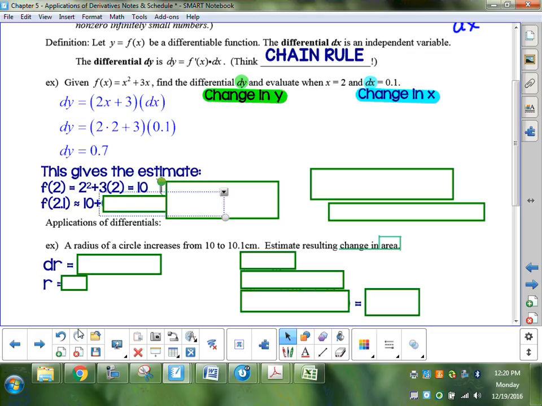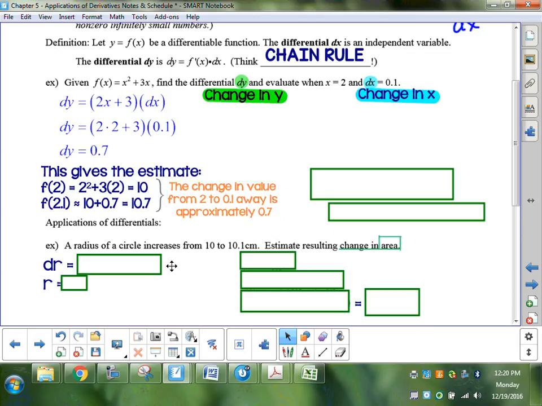So that's why this would come out to have a value of 10.7. Now, this is what we get using that approximation. So the change in the value from 2 is 0.1 away, and it will be approximately 0.7. So we're saying if I'm there, the change is that amount. That lets me find out what the function value is going to be.